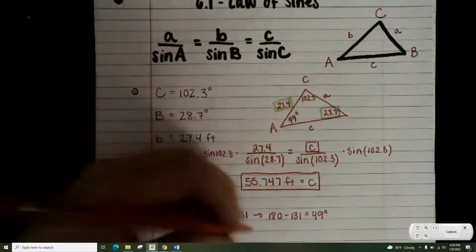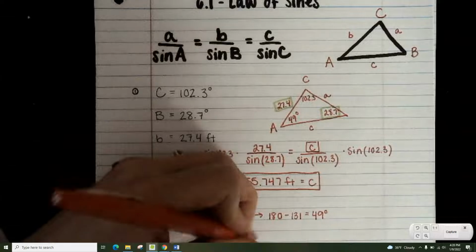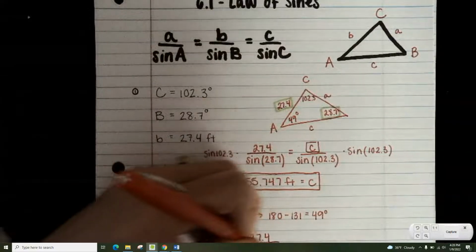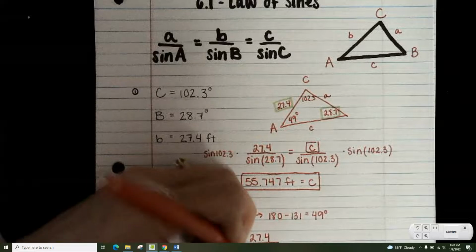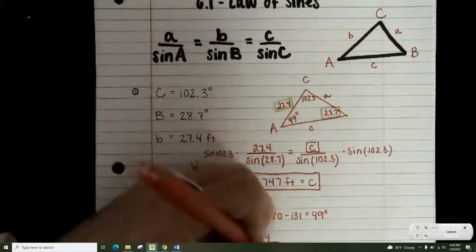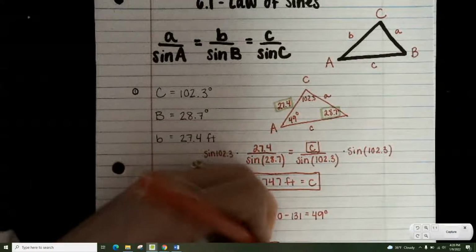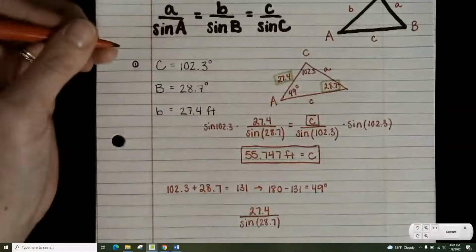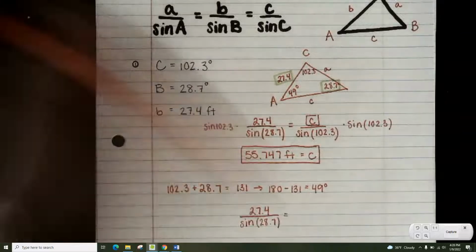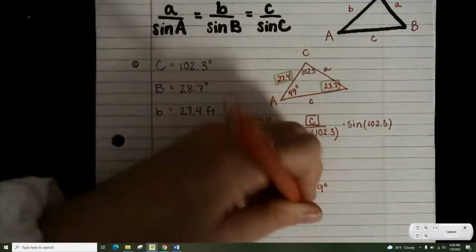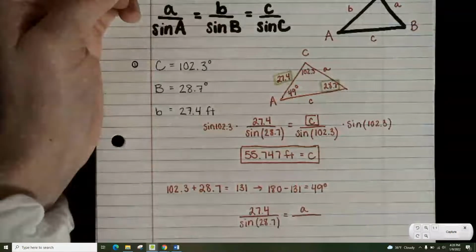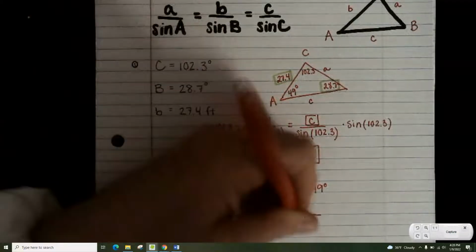So I'm going to set that up again. 27.4 over sine of 28.7 equals side length a over sine of 49.